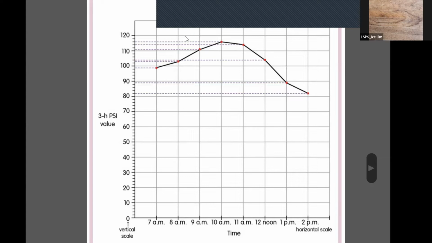And you can see that from the line that's drawn, the line was drawn based on the red dot markings. And you can see the trend, you can easily describe. Oh, at 10 a.m. in the morning, the PSI was highest, and it started to drop towards the afternoon. So you can write out a story based on the graph that you see.